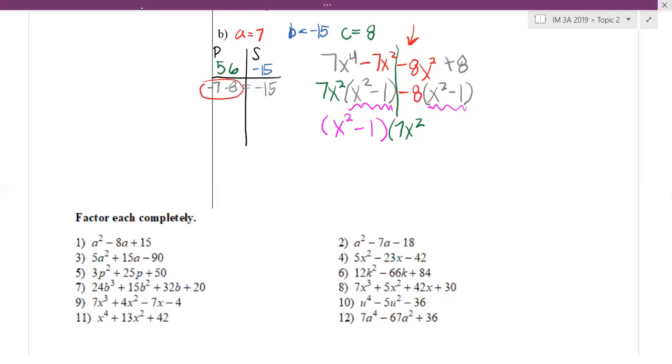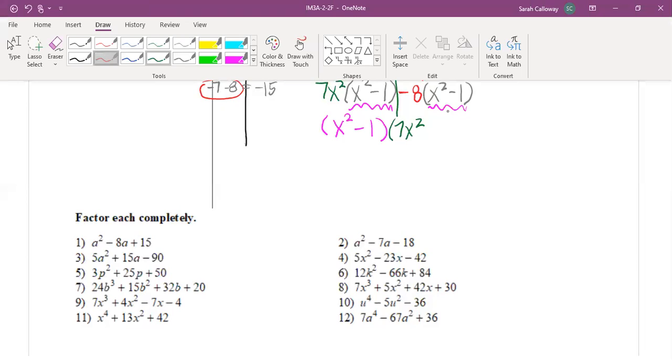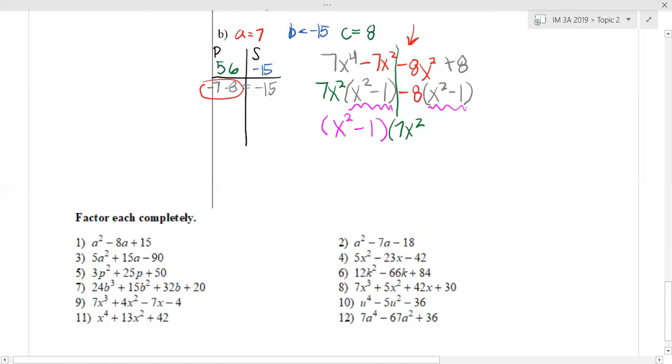And when I divide the negative 8 times x squared minus 1 by my common factor, oops, I'm left with plus 8, sorry, minus 8. And so my two factors so far are x squared minus 1 and then 7x squared minus 8.